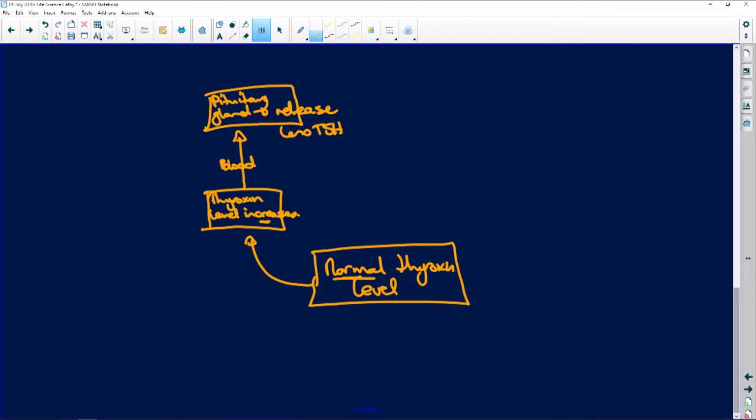Why? Because we don't want to stimulate the thyroid. There's already too much thyroxine. So the pituitary says, wait a minute, too much thyroxine, and that excess of thyroxine is going to inhibit the pituitary from releasing thyroid stimulating hormone.